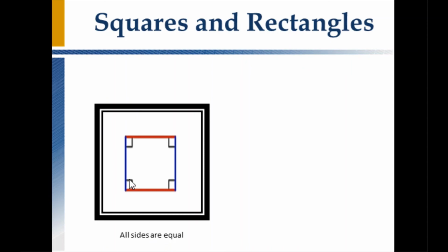So if we say this side is 25 centimeters, all of the sides are automatically 25 centimeters because it says all sides are equal, right? Now, if sides have equal measurement, what do you call it? Is it a square or a rectangle?